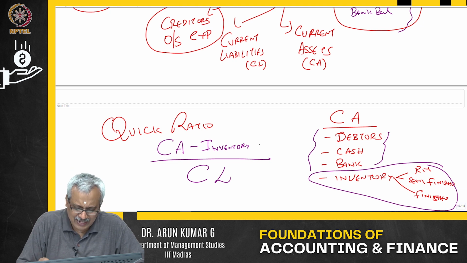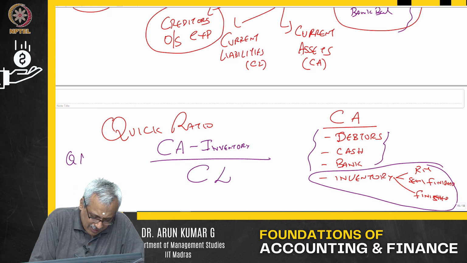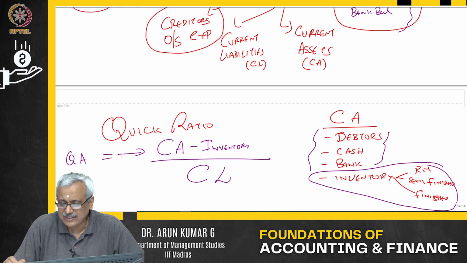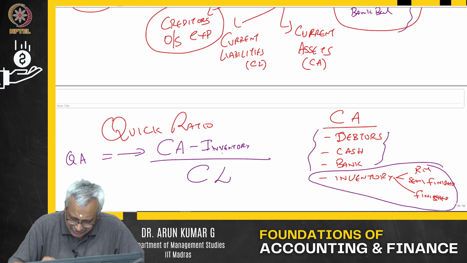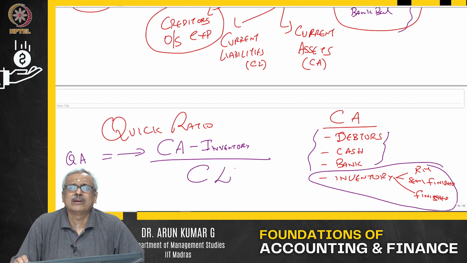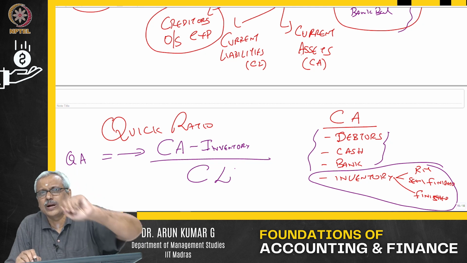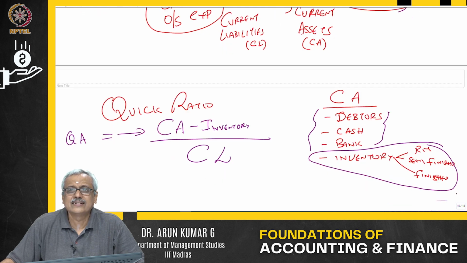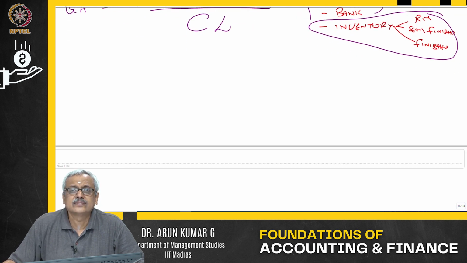What is my quick asset? My quick asset is the current asset minus inventory, what I can quickly convert to cash. Whether they are sufficient to meet my current liabilities, whether the ratio is at least 1, that is what I will see. That is what we call the quick ratio.